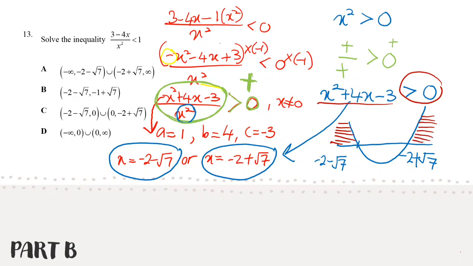So the answer will be the shaded region in red color. So in this red color, the answer will be x less than negative 2 minus 7, or x greater than negative 2 plus 7, which is equivalent to answer A. Okay.